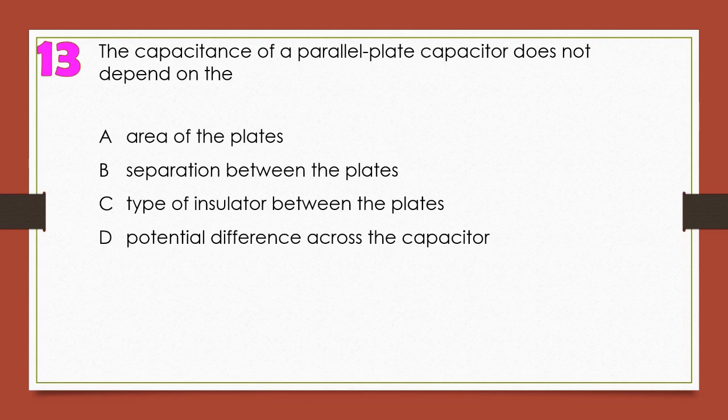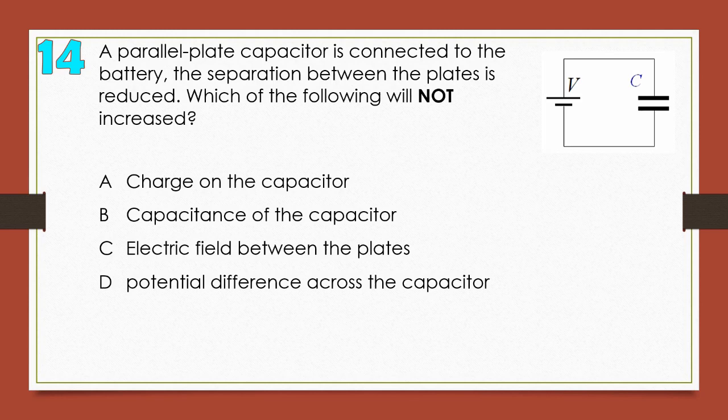Question number 13. The capacitance of a parallel plate capacitor does not depend on the? Question number 14. A parallel plate capacitor is connected to the battery. The separation between the plates is reduced. Which of the following will not increase?